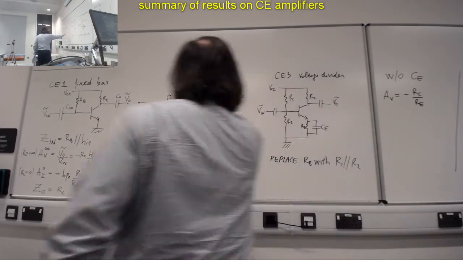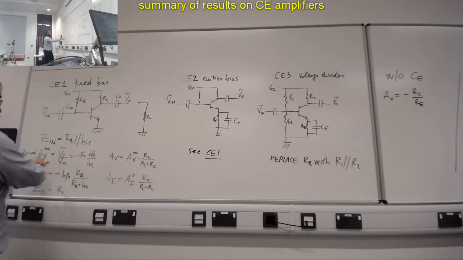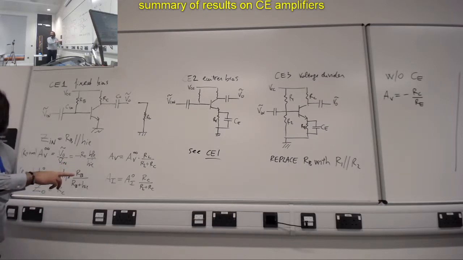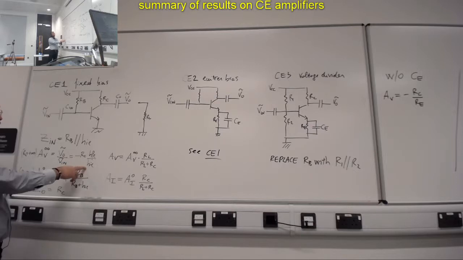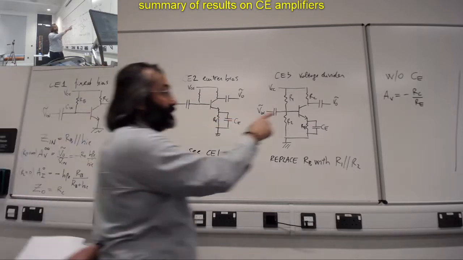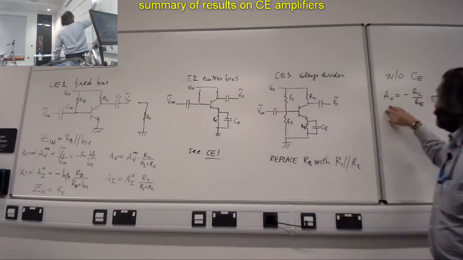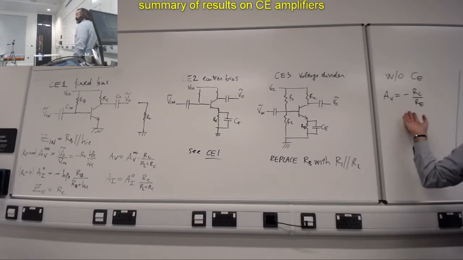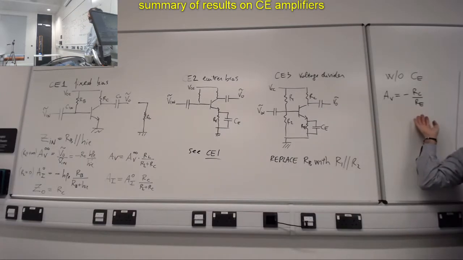You see, in these configurations, we've seen all the quantities, with the exception only of the output impedance, depend on the hybrid model's parameters, either HIE, HFE, and so on. But here, for the first time, with that application we could see an amplifier where the amplification depends only on external parameters that I choose.